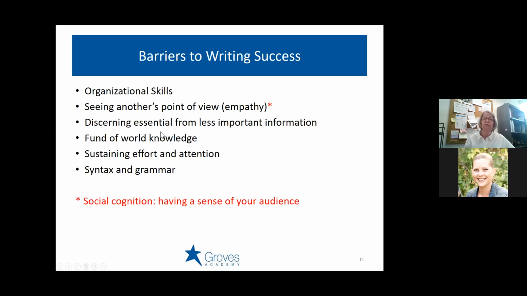Then telling the difference between what's important and what's not. World knowledge, background knowledge, is really important to create a statement, a holistic point of view, and so on. And the ability to sustain effort and attention, to focus and carry through with that focus.